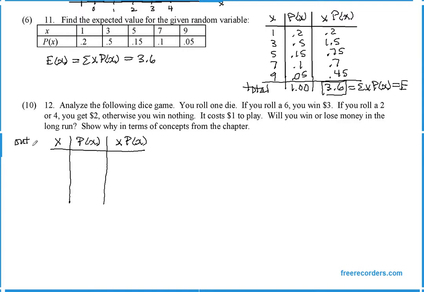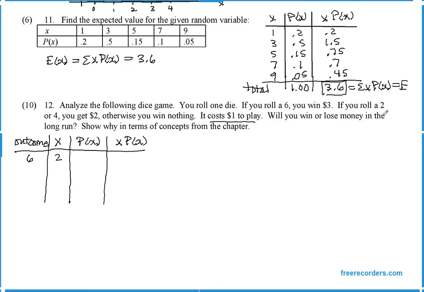So let's put one more column on the front here for the outcome of the die. And so if you roll a 6, you win $3. So if your outcome is a 6, then you win $3, but it costs 1 to play. So your winnings there would actually be 3 minus 1, or 2.